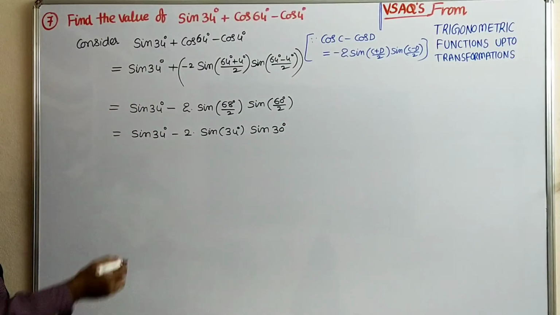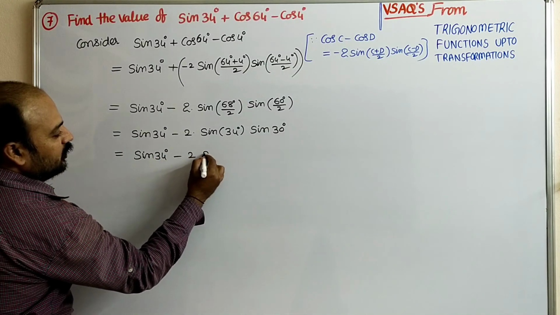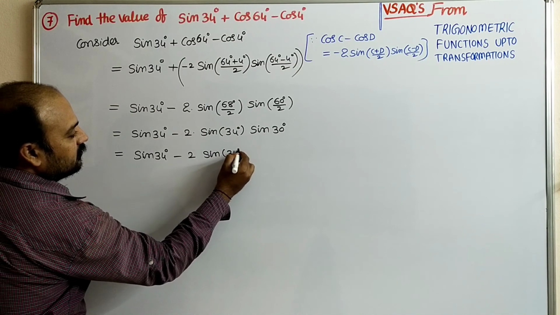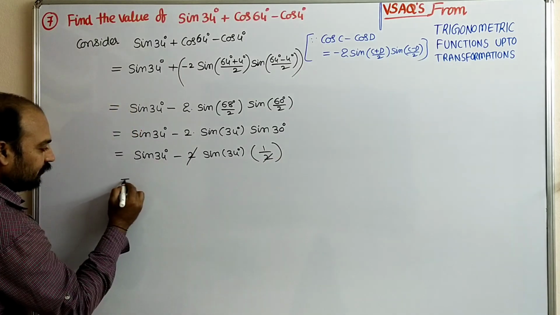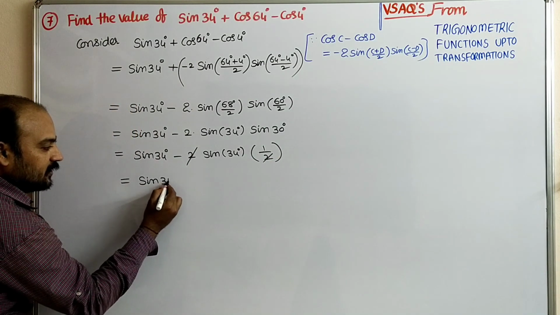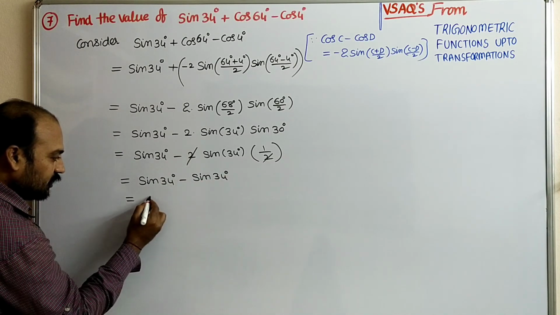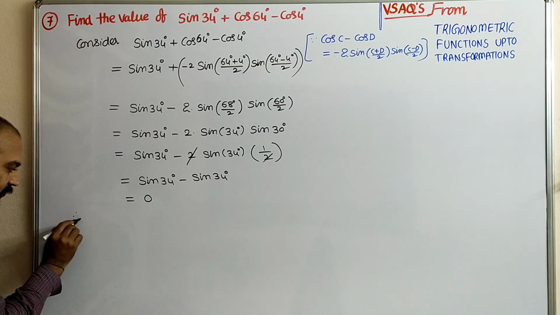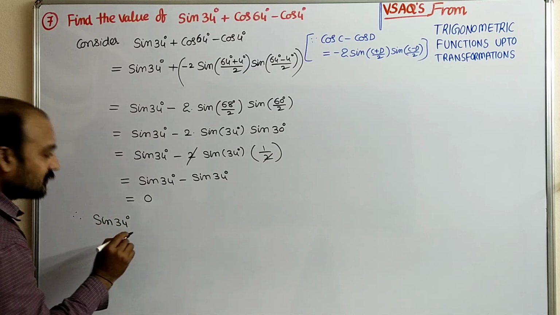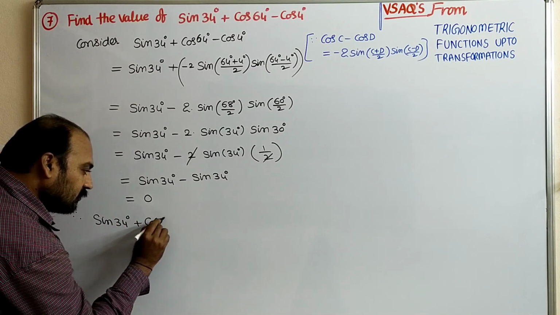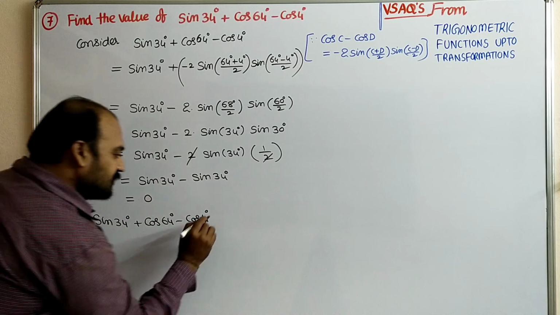What is sin 30? 1 by 2. So sin 34 degrees minus 2 into sin 34 degrees into 1 by 2. Here 2 gets cancelled, which is equal to sin 34 degrees minus sin 34 degrees, which is equal to 0. Therefore, the given value sin 34 degrees plus cos 64 degrees minus cos 4 degrees is equal to 0.